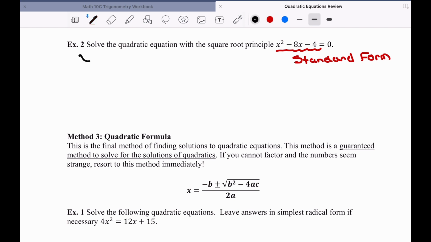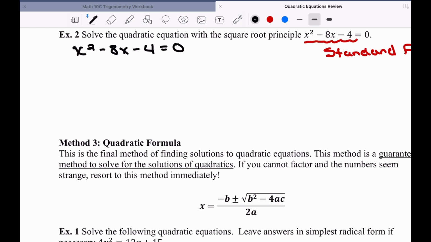So I'm going to rewrite our quadratic equation is equal to 0. Our first step was, is the a value greater than 1? If it is, we need to factor something out. If it's just 1, we can just keep it as it is. We know in this case, a is just equal to 1, so we can just start right away.